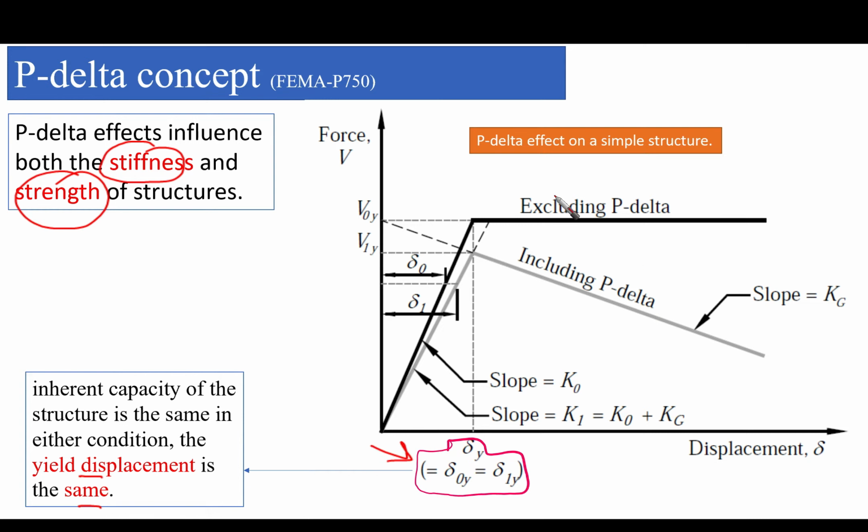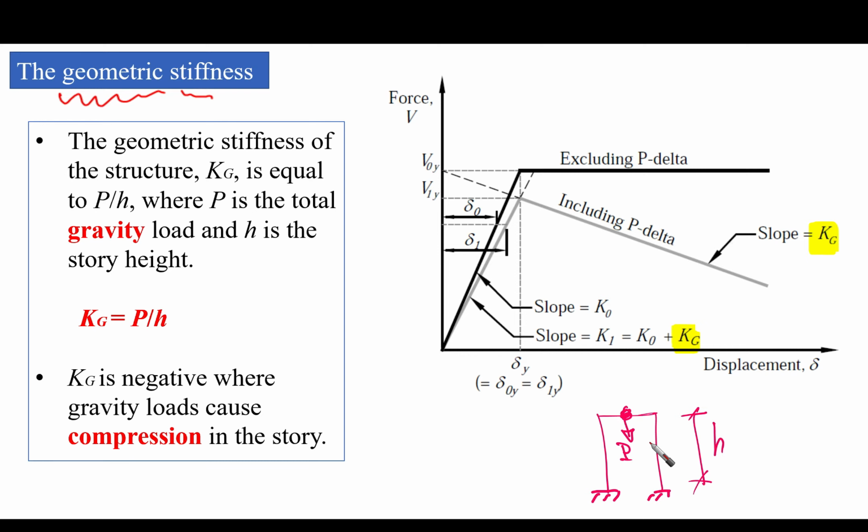Okay, now let's go to understand KG, or what we call the geometric stiffness. What is the meaning of geometric stiffness? If you have a building something like this and you have P, which is the gravity load, take care, we're talking about the gravity load here, okay?